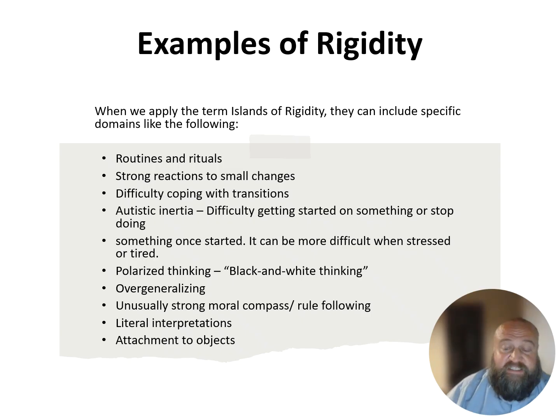Strong reactions to small changes, difficulty coping with transitions, something called autistic inertia. So, an important term for you to know. Autistic inertia refers to difficulty getting started on something or stopping something, right? Oftentimes, once they get going, it's like a rock in motion, it's just going to keep tumbling.